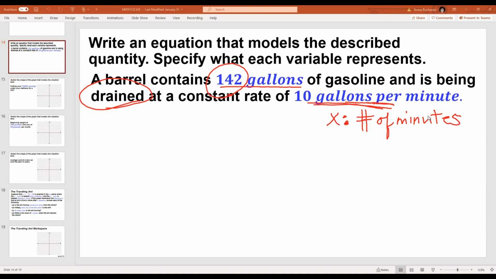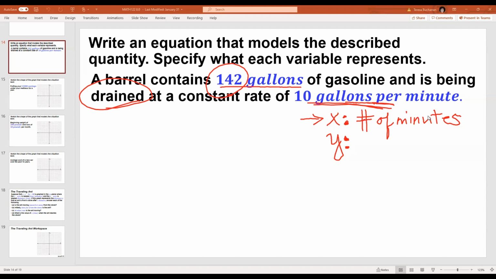And could I also ask you a question? Well, then how many gallons are still in there? And would you say, I don't know. So wouldn't that also be, not only the Y, we could identify it as Y, but we would realize that the number of gallons that's still in there depends on the number of minutes that have passed.